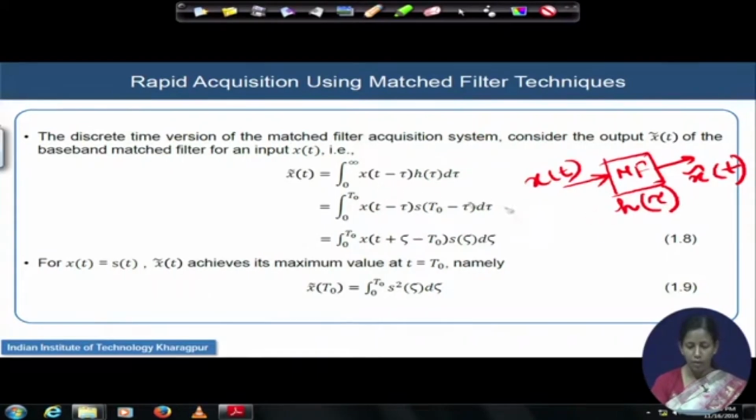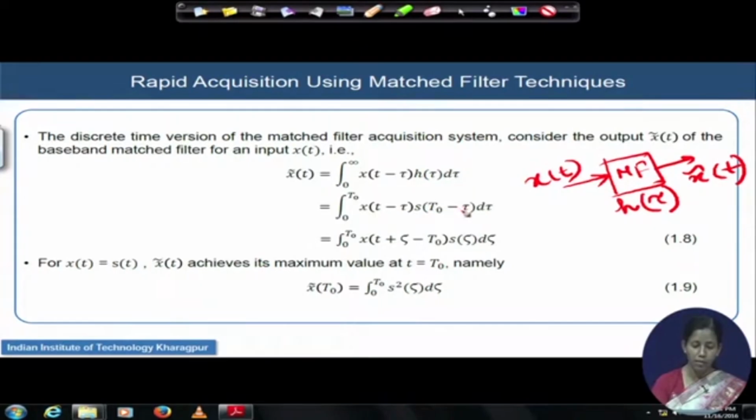Now we are not really interested in the whole integration interval from 0 to infinite time, because our signal has a duration of t0. So we will be integrating from 0 to t0, and so x(t minus tau) and this h(tau), we understand that it is matched with the signal x(t0 minus tau) from equation 1.1.